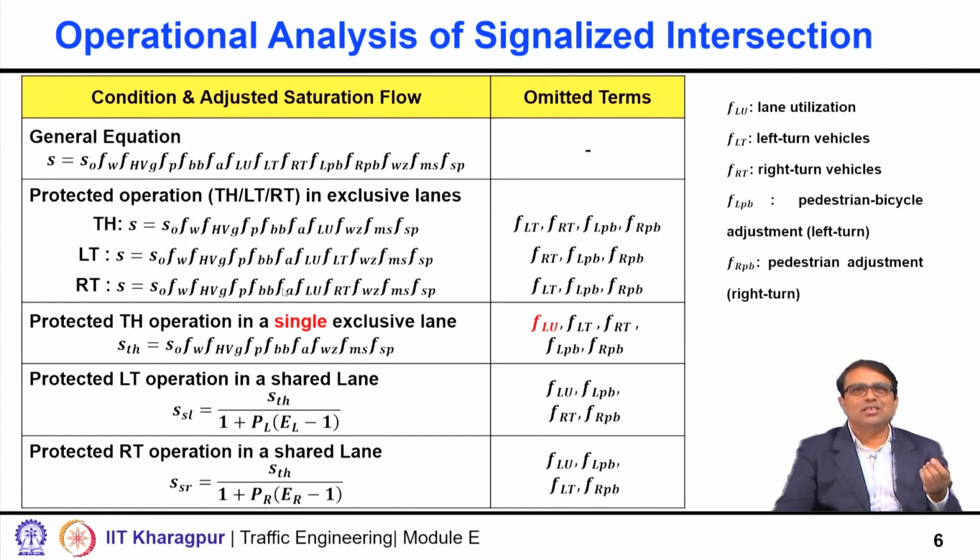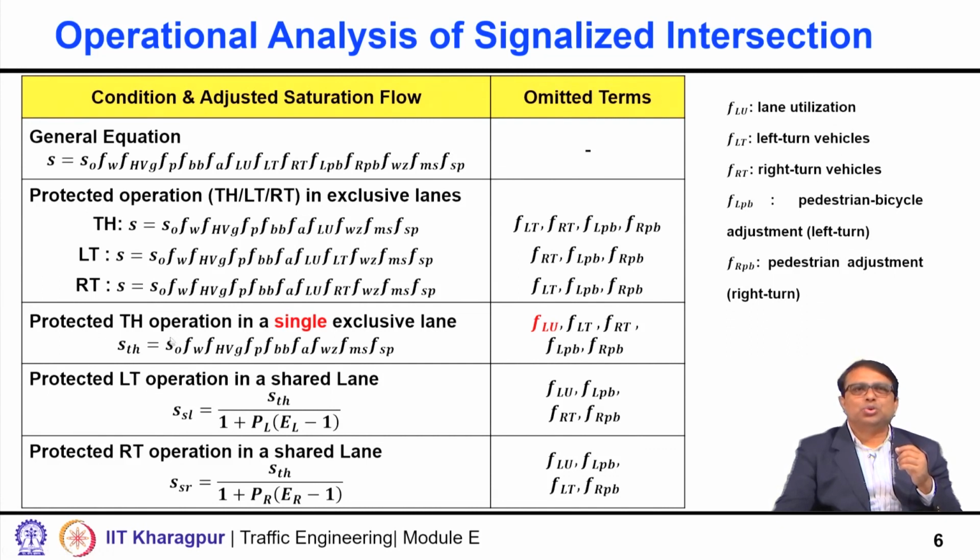Similarly, for right turning, in this case the FRT, the right turning vehicle adjustment factor, will be there, but the left turning vehicle factors will get omitted, and as usual pedestrians for left turning and right turning both will get omitted, because we are talking about the protected operation, not permitted.